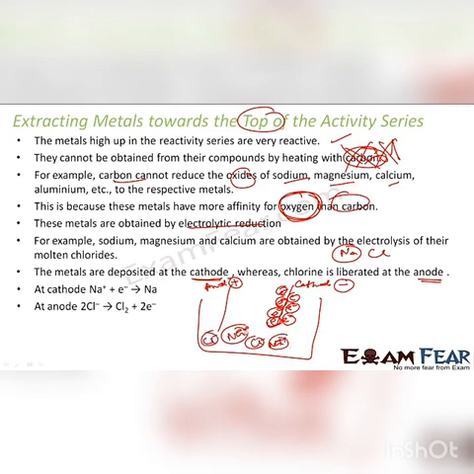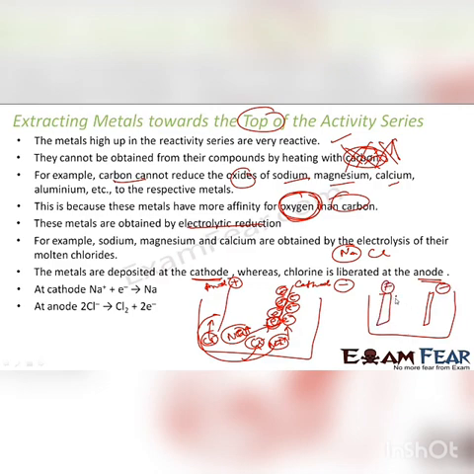Since it is Na plus, it will be attracted towards these electrons, correct? Because there are so many electrons. This is negative, this is positive, and negative and positive attract, right? And chlorine will be attracted towards the positively charged side. So at the end of the day, I have my cathode and my anode.